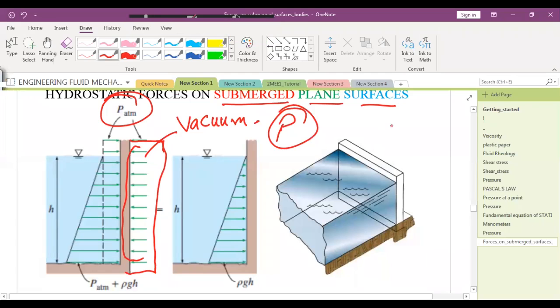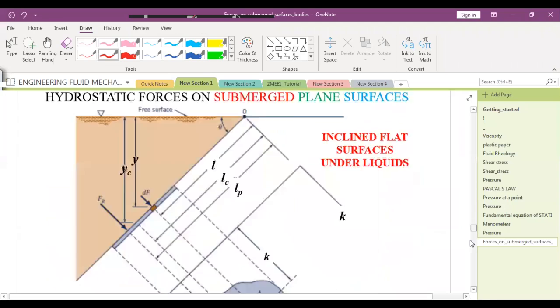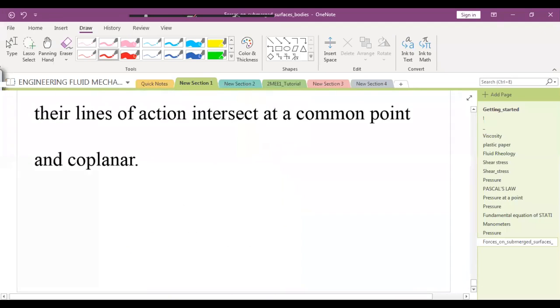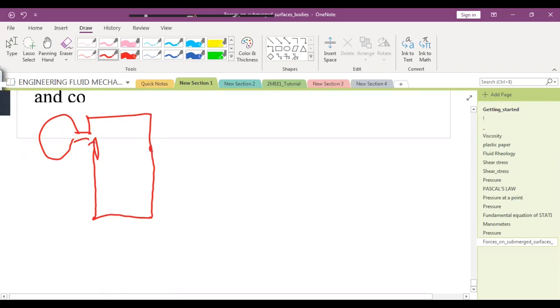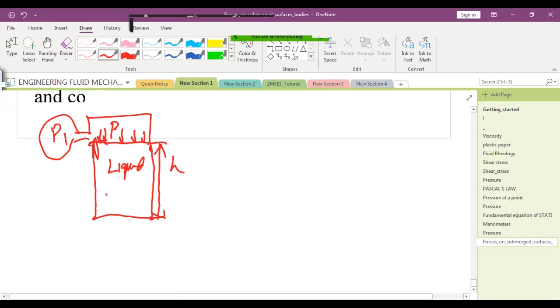So what is the best example of this? Please remember, if you want to include any kind of force, suppose it was like this. This is the container, and say some kind of pressurized air is being supplied to this as well. So there is liquid up to here, after that you have applied some P1 on it, and say this height is h, and here lies the plate.